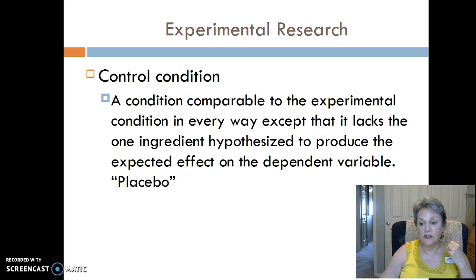Sometimes the control condition is referred to as the placebo condition, and that comes from studies done with medicines, where you are testing a medicine's treatment effectiveness and you need something to test the results against.